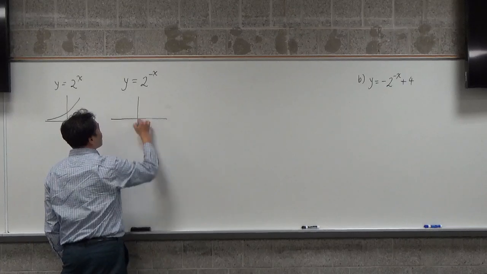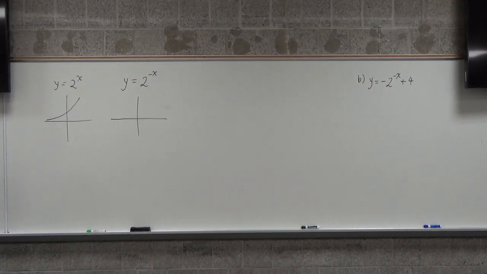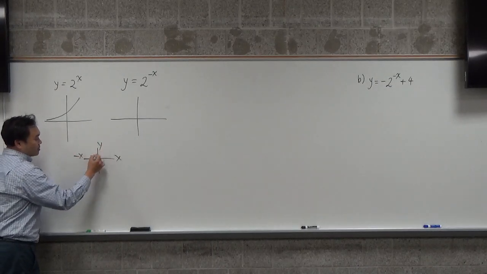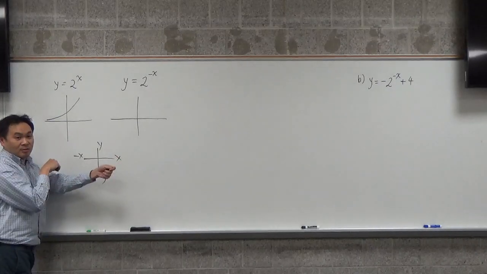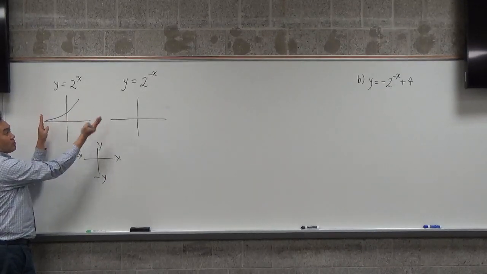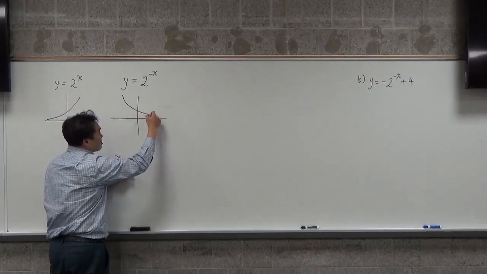What is this graph when you have a minus in front of x? Reflection over the y-axis, because when x is replaced by negative x, it's a reflection over the y-axis. So it's like taking this picture and flipping it this way. If you flip it that way, you end up with this picture.